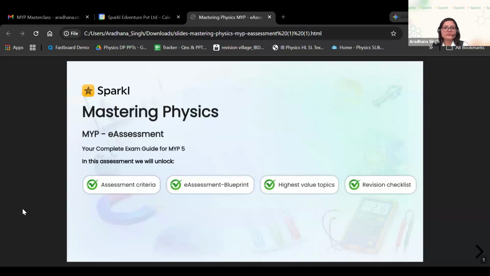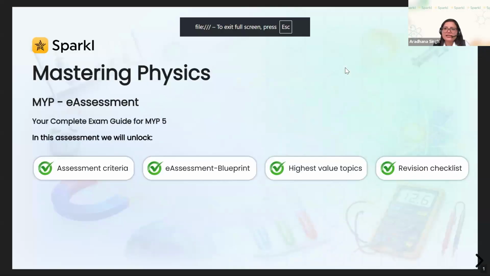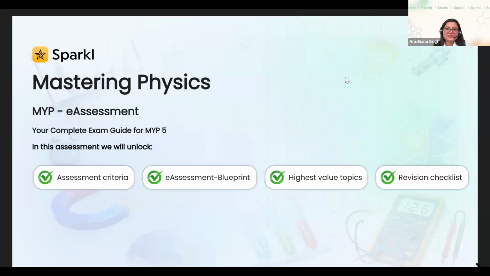Can you see the screen? Megha, can you tell me if the screen is visible to you? Yes, ma'am. Okay, good. Let me share a poll with you to know how many of you are actually exam ready. Give me a moment. Can you see the poll? Please go ahead. Are you feeling ready for the exam?